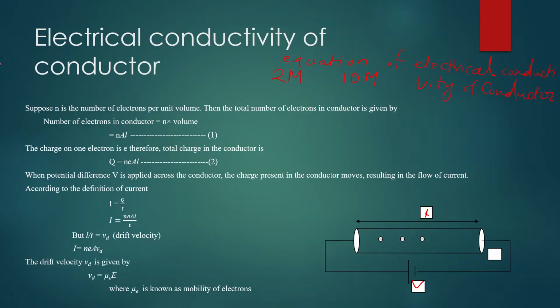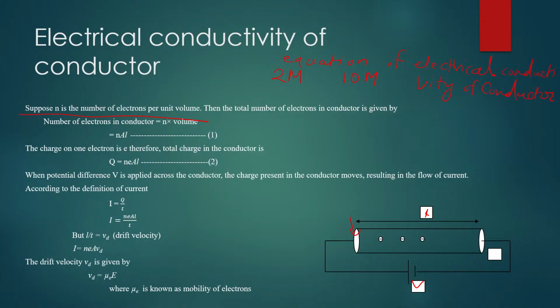Suppose n is the number of electrons per unit volume. If we have a specified area and length of conductor, then it has some number of electrons present in it. मतलब यहाँ पे कोई भी अगर एरिया है आपके पास कंडक्टर का, तो उसमें आपको नंबर ऑफ एटम, नंबर ऑफ इलेक्ट्रॉन्स प्रेजेंट रहेंगे.